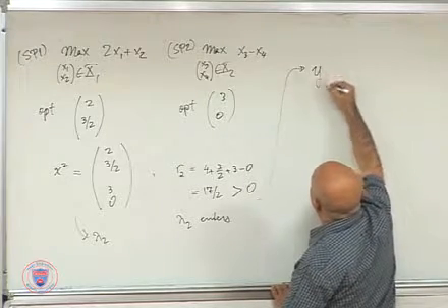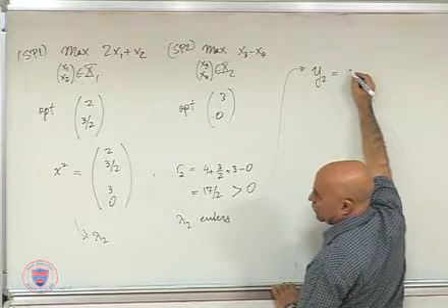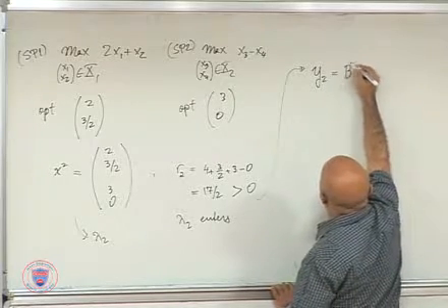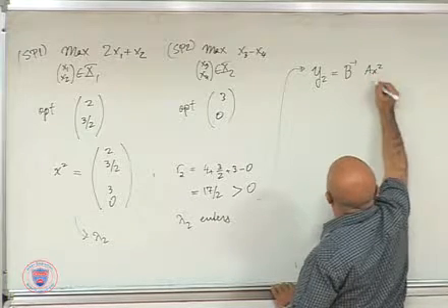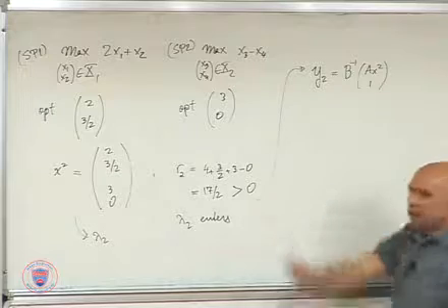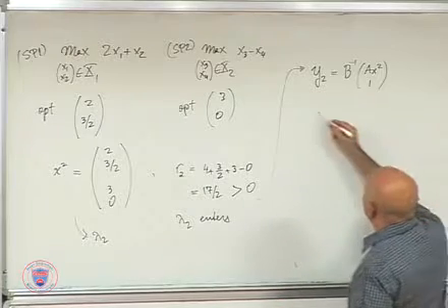Now I need to compute y2, which is going to be B inverse times AX2, okay, that's the column. What is AX2? Let's first compute that.